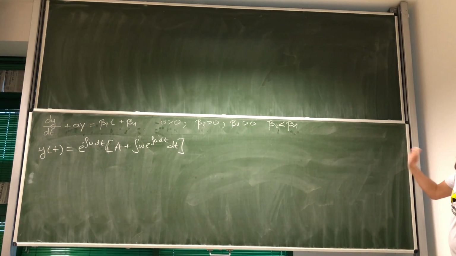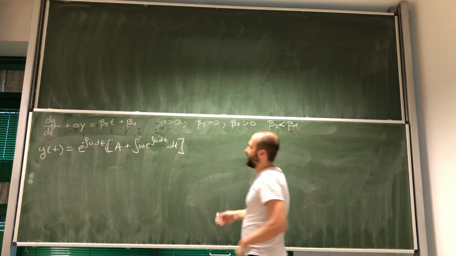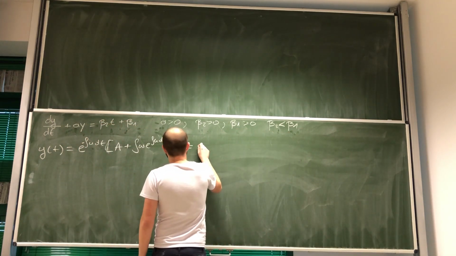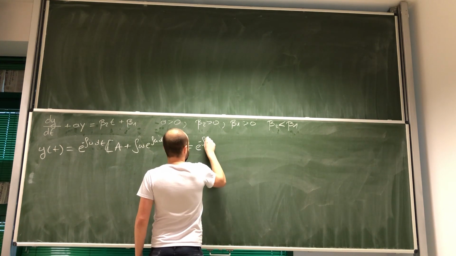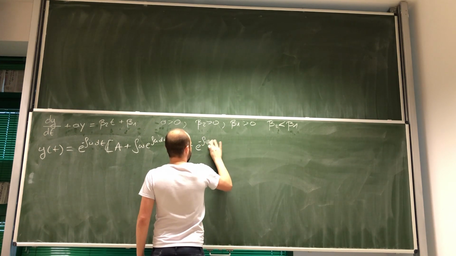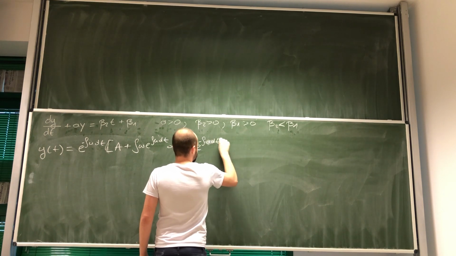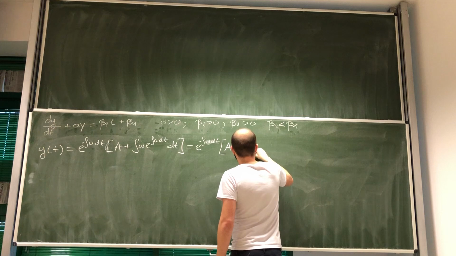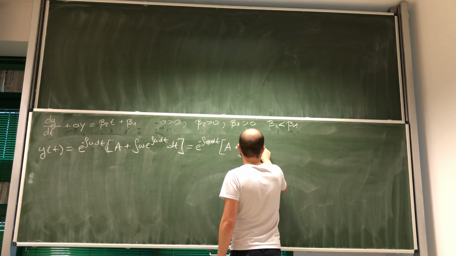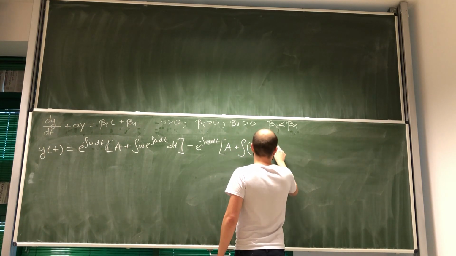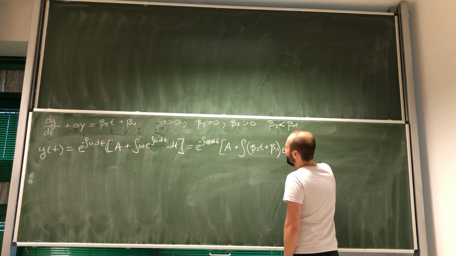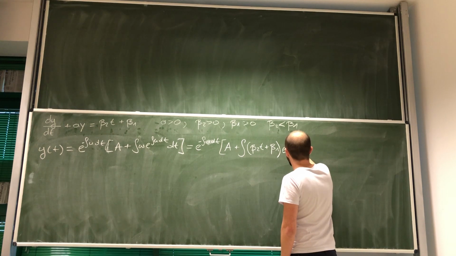Now we can start substituting. a is our u, so we can do it easily. We've got e to the power negative integral a dt, times A plus the integral, where our w is beta 2 t plus beta 1, times e to the power integral a dt.